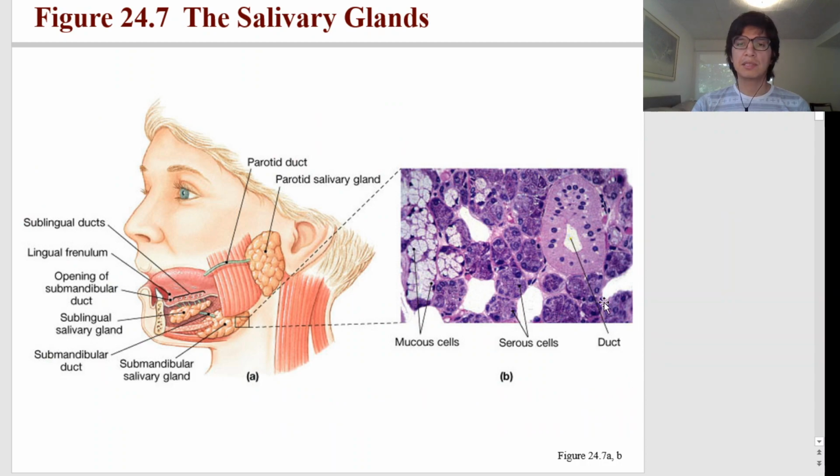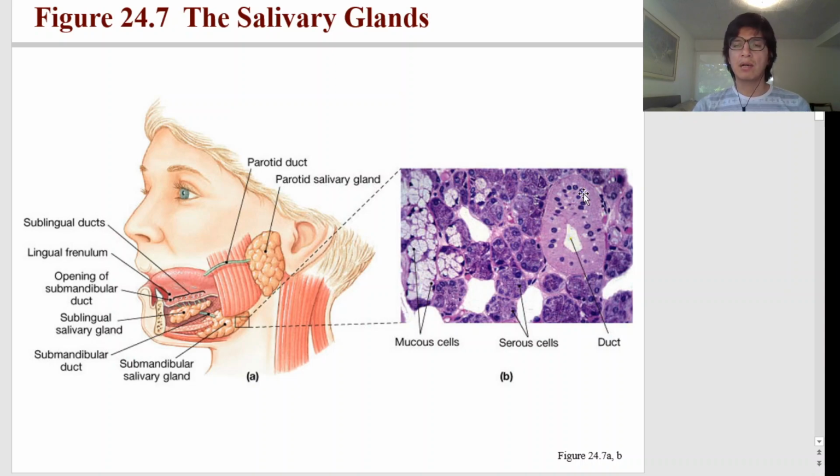Here is a view of the salivary glands. Here you observe these two different types of glands present here, mucus cells and serous cells. You have mucus cells secreting these mucus substances, while serous cells secrete digestive enzymes or buffers or anything that would aid in the digestion of food.